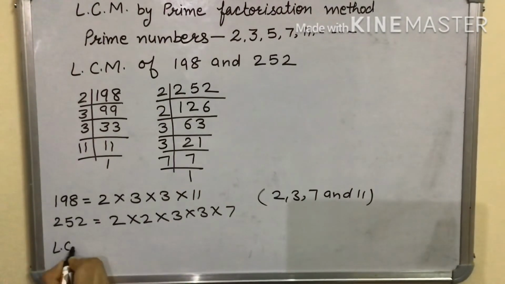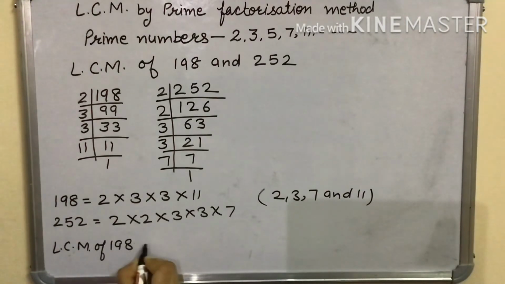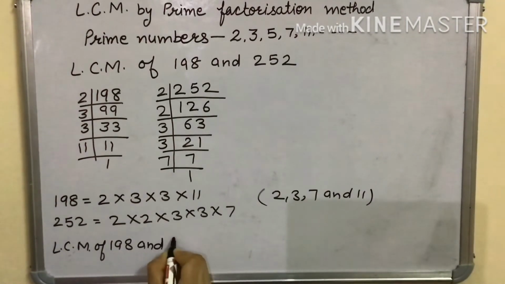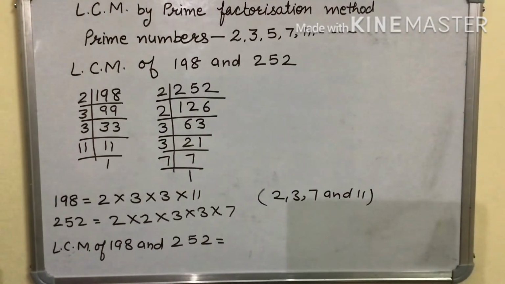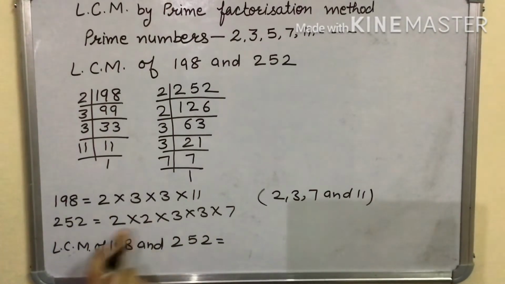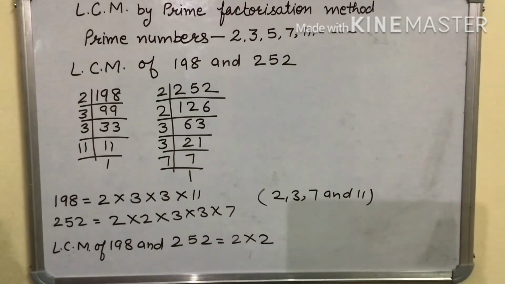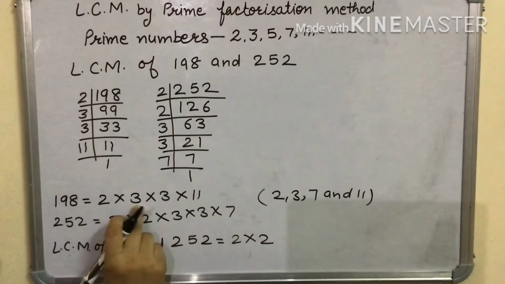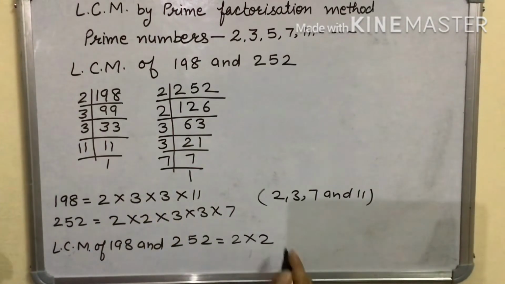So LCM of 198 and 252 is, we get 2 maximum 2 times. Here we get 2 one time and here we get 2 times. So we will take it 2 times. 3 we get here 2 times and here we get 2 times.